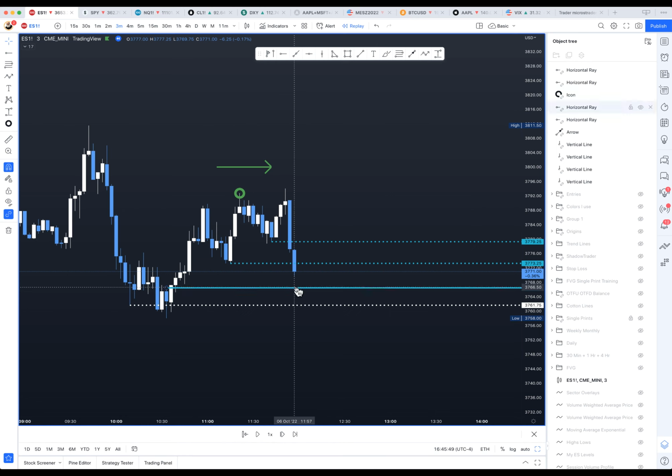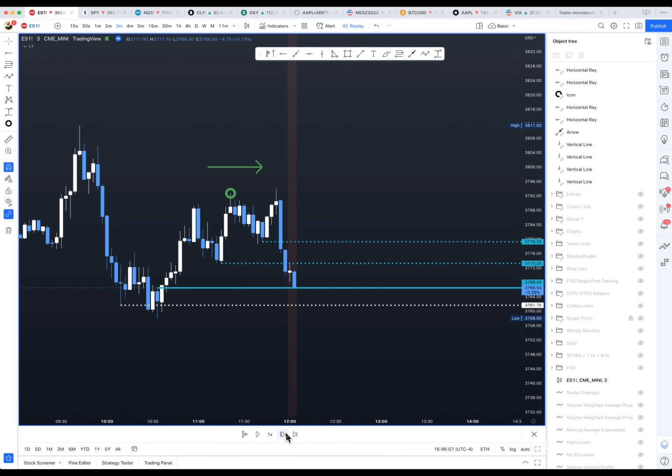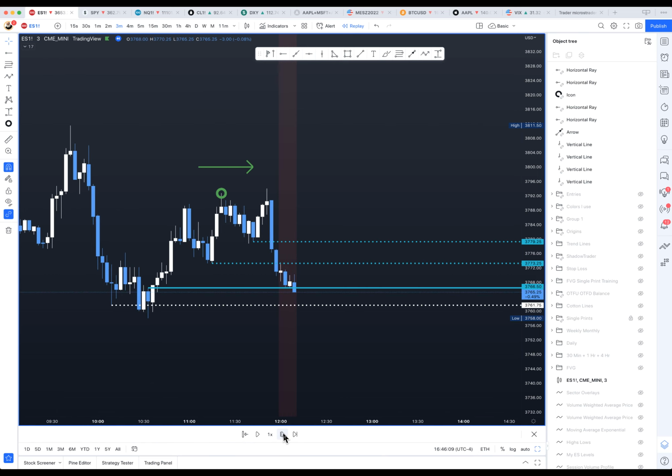Do I want to take a long off this hold level? Once again, because we're not really in trend, we're in balance. If I did it, I would do it with the lowest contract size, one contract size. Let's see what happens. Lunch hour started. I wouldn't even be in the trade. I would probably be at my air fryer.